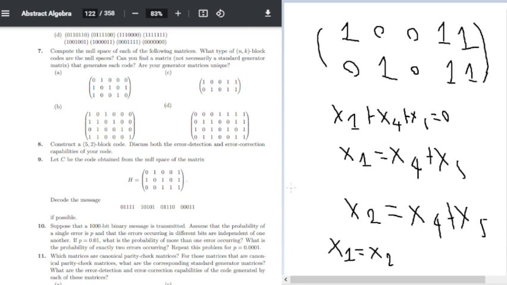And x3 actually doesn't matter for this. So we're going to have the vectors of form x1, x1, x3, actually, because it doesn't really matter, we'll call this y, x4, x5.